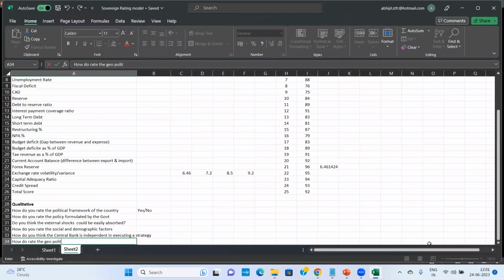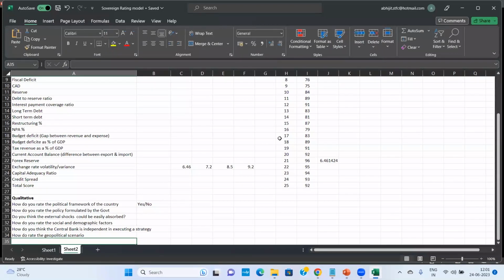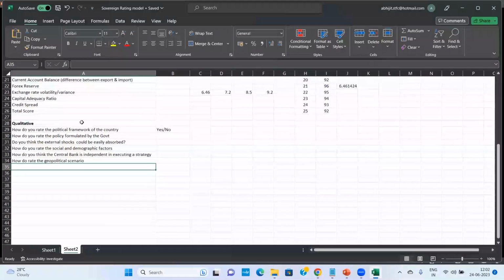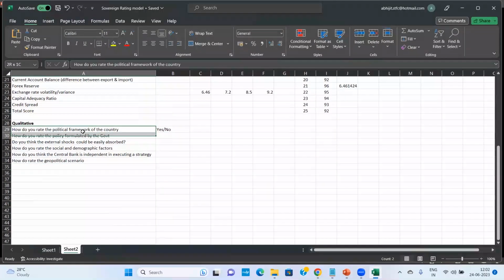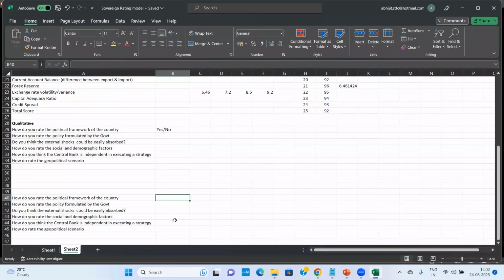Geopolitical. Now, this will not be directly coming here. What happens, I'll tell you. You will have to make a separate question here, like this. Now you get it for different years and you find out the average. This average is going to come here.